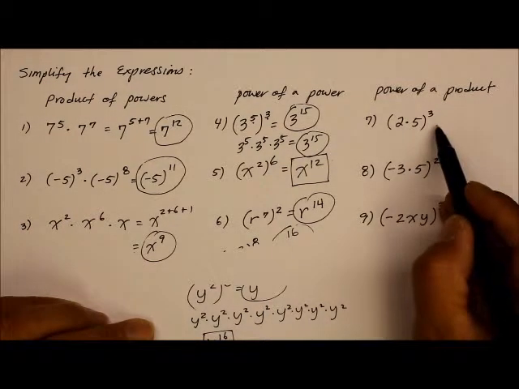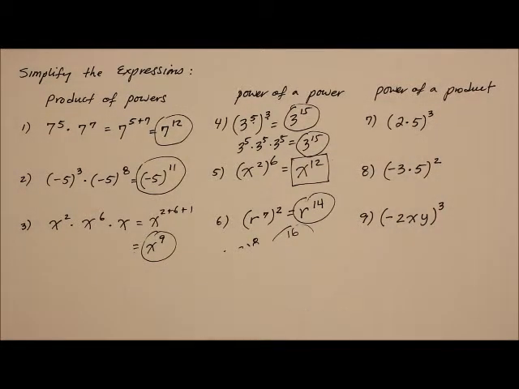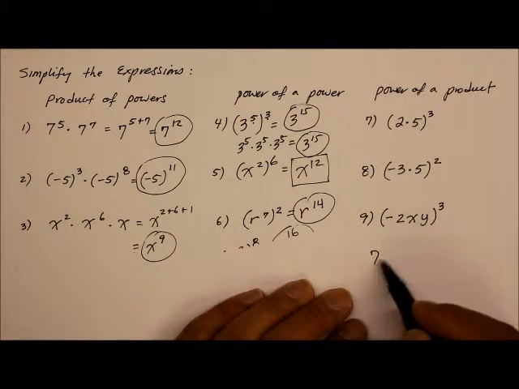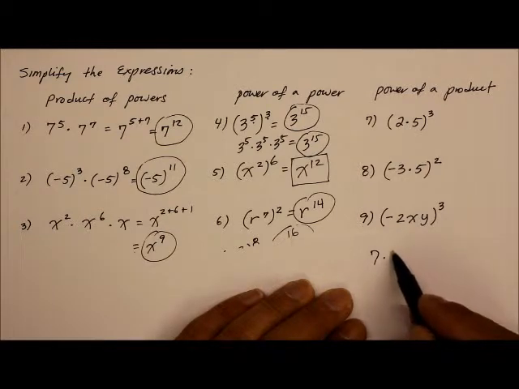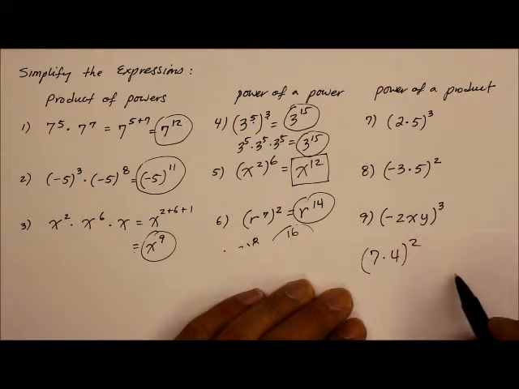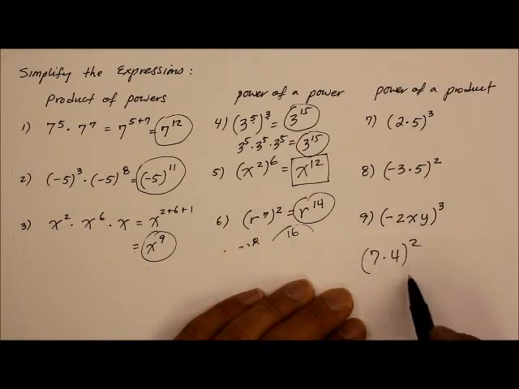And now this one, power of a product. Here's a product of two numbers, let's say, and here's a power. Now, you could just simply say 7 times 4 is 28 to the 2nd power.